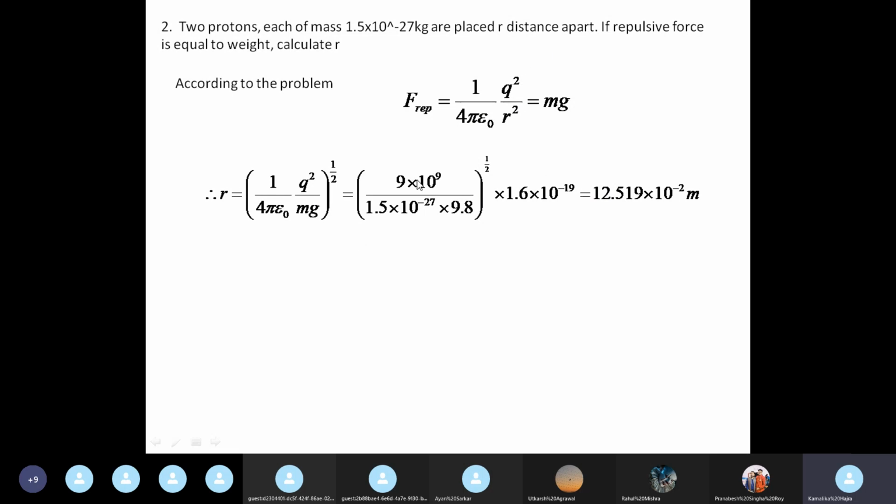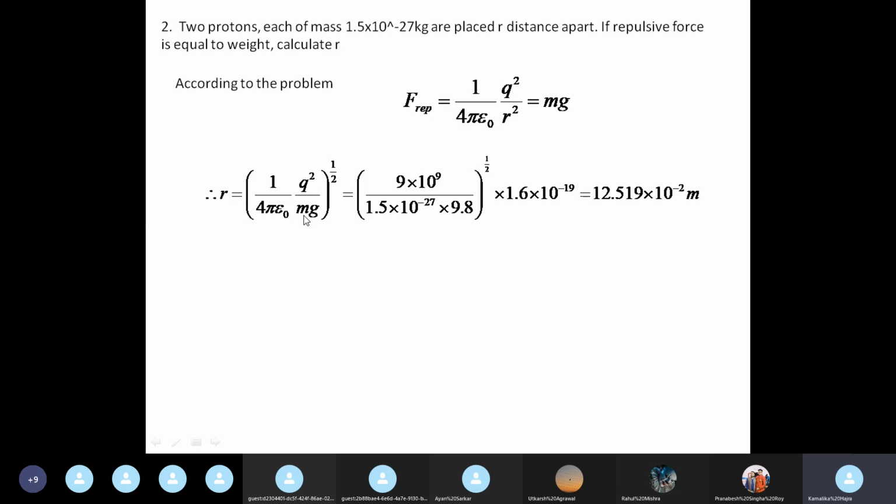So 9 into 10 to the power 9 is the value of 1 by 4 pi epsilon naught. This constant, you can find out that its value is 9 into 10 to the power 9.